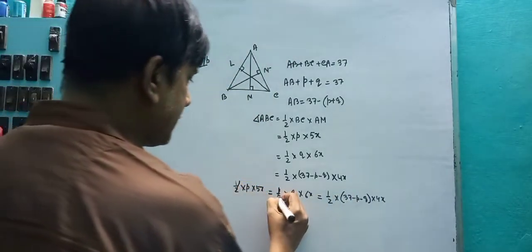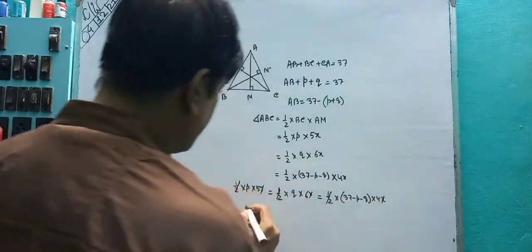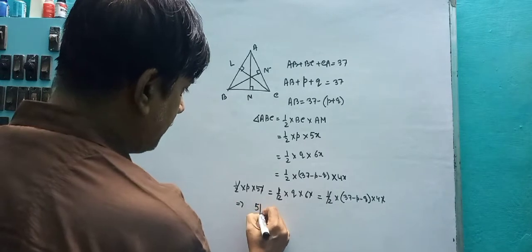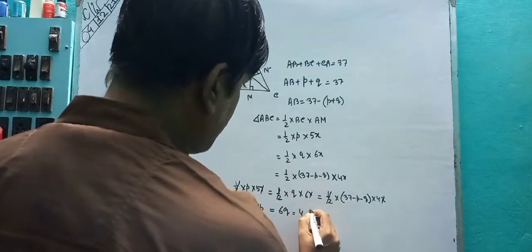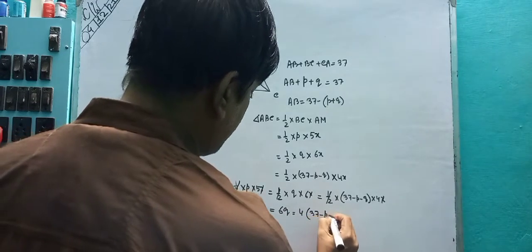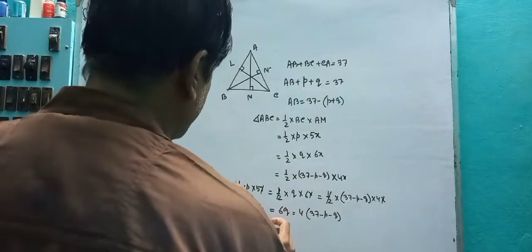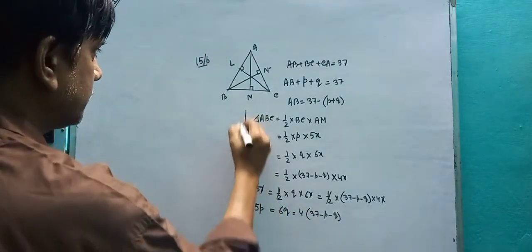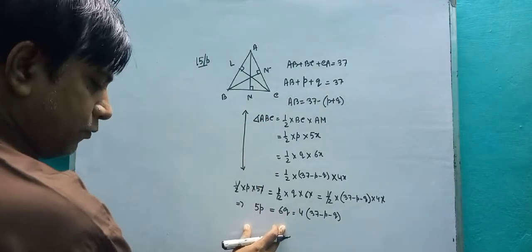Now half cancels, x cancels, then you get 5P, 6Q, 4 into 37 minus P minus Q. Clear? Okay. Now you have to calculate it. If I convert these, 5P is equal to 6Q.